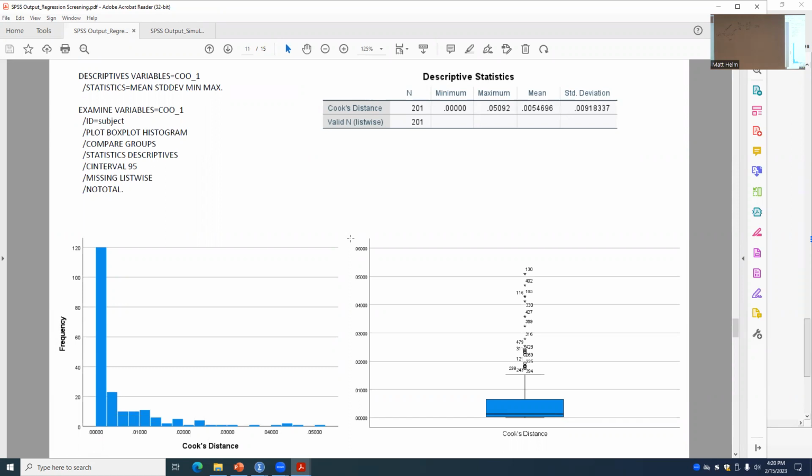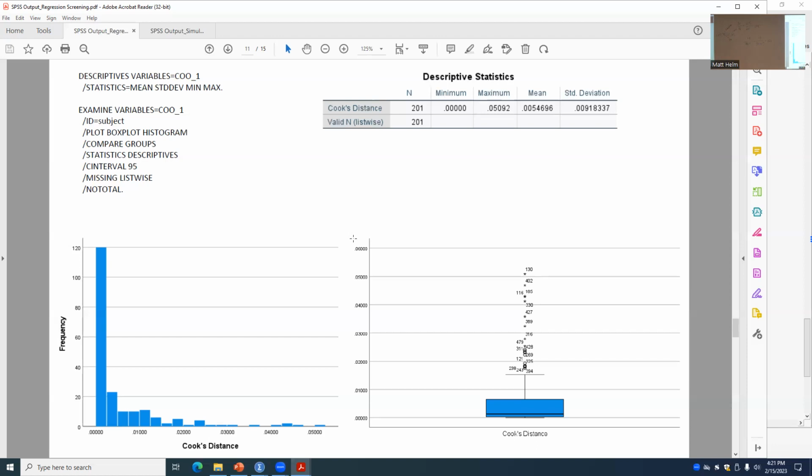Again, with Cooks, our threshold is going to be 4 over n minus p minus 1, which gives us 4 over 201 minus 3 minus 1, which is going to give us a value of 0.20 in terms of what we're flagging with this. Okay.